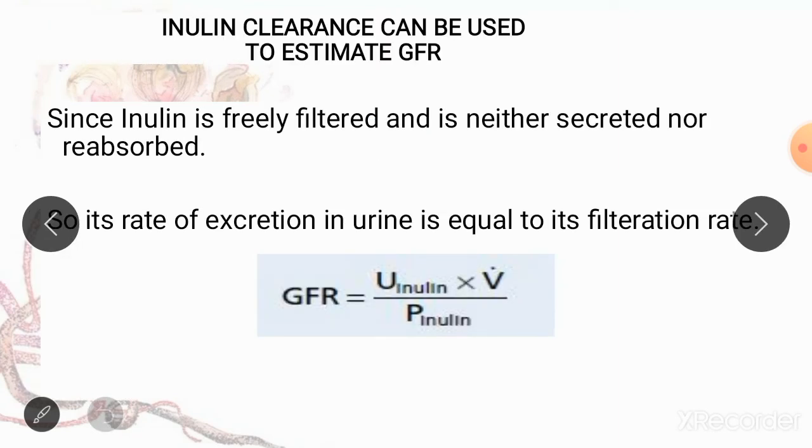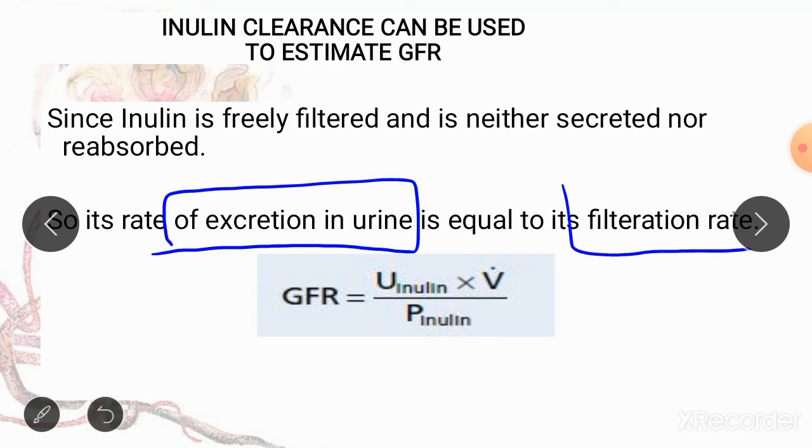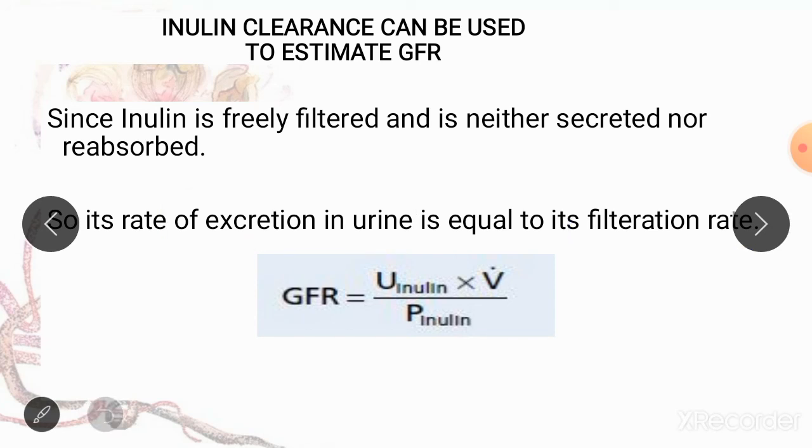Now let us first discuss the inulin clearance method. Since inulin is freely filtered, it is neither secreted nor reabsorbed, so its rate of excretion in urine is going to be equal to its filtration rate. So inulin gives us information about GFR.